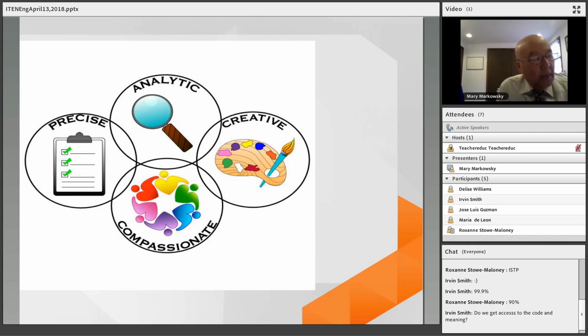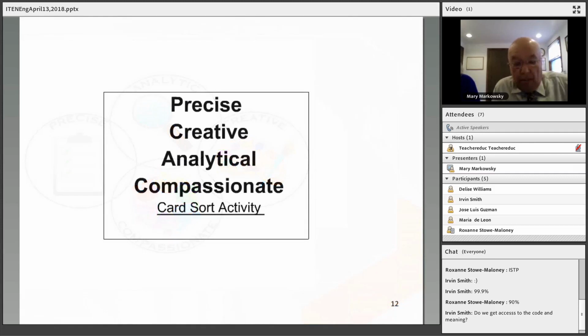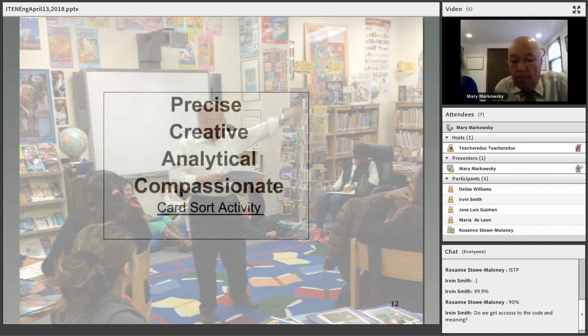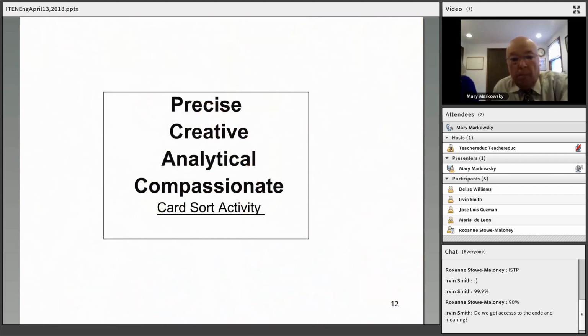So that's why we come down now to 4 personalities. If you remember in the background, these are the 4 personalities that we named: analytic, precise, creative, and compassionate. And what we do in this exercise is we use a card sort activity.